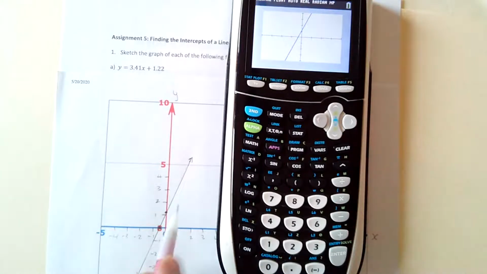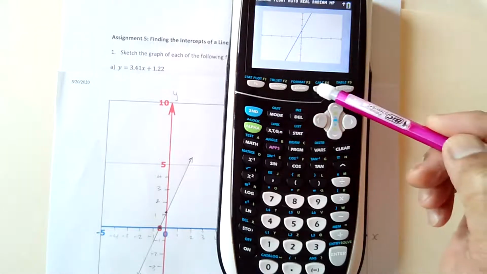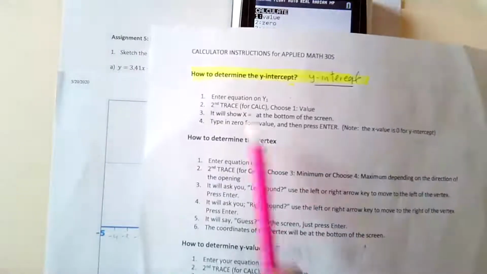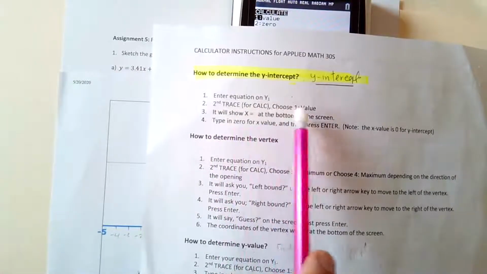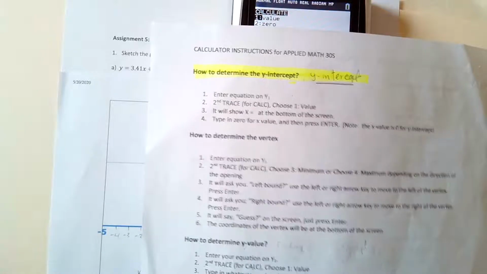First, let's find the y-intercept. To find the y-intercept, you press the second button, and trace. Okay. And that's found on step here. Second trace, choose value 1, and in this case, you'll let x be 0.